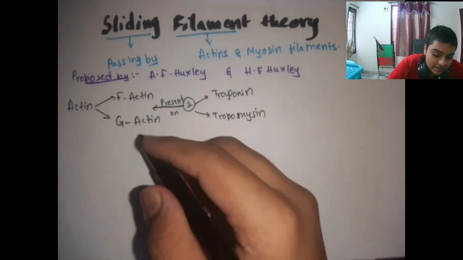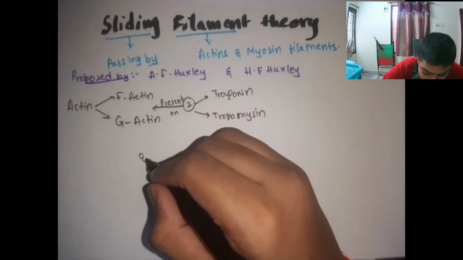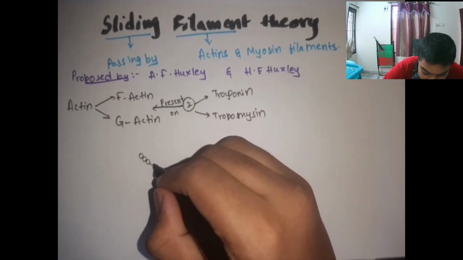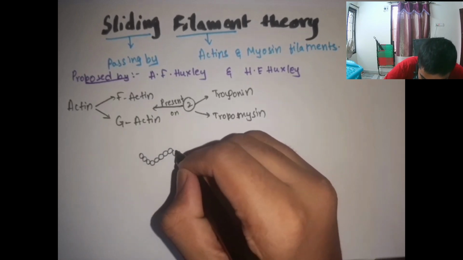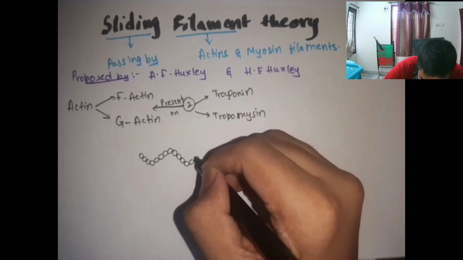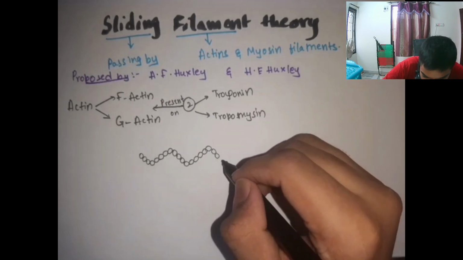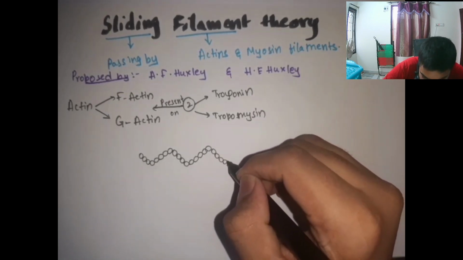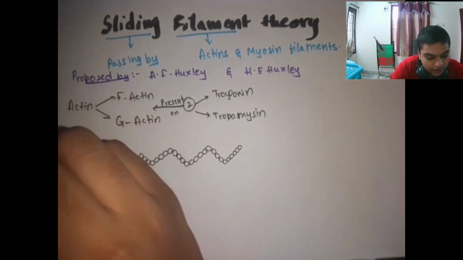Yesterday we saw that the two F actins are arranged helically, wound around each other like this. Yesterday I showed you the diagram too, and I am drawing it again.